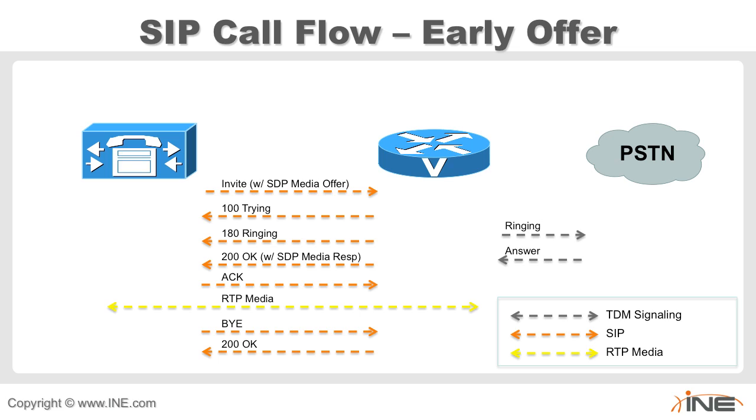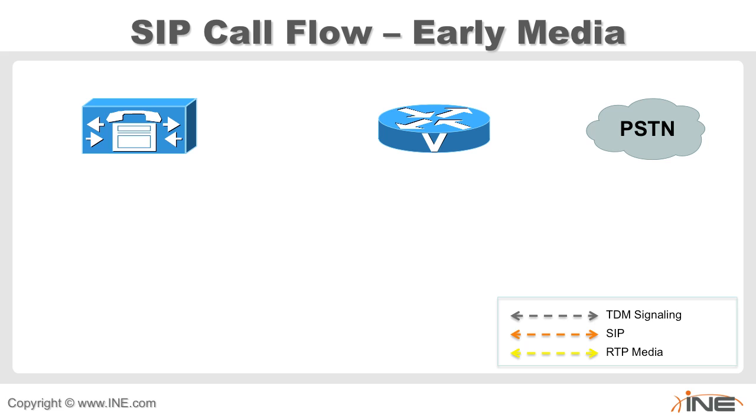Nothing revolutionary there. We've already looked at Fast Start with H323, so it makes sense. Then we have the early media, just like H323. So let's take a look at it. So here we've got the invite, the 100 Trying, and then notice the original invite did not have the SDP, but the terminating gateway is saying trying, and it's sending a new message, a 183, not a 180 ringing.